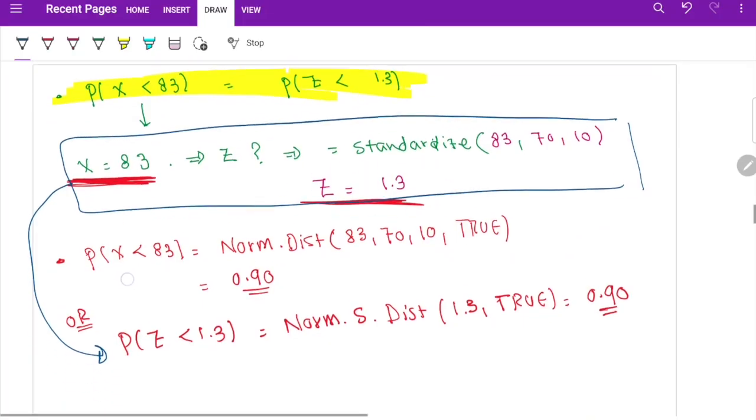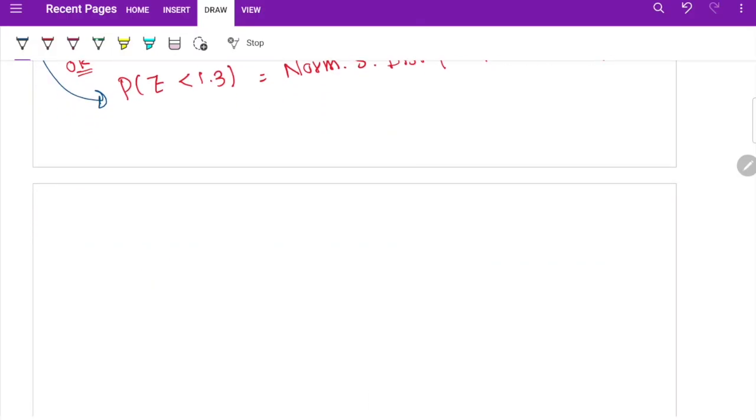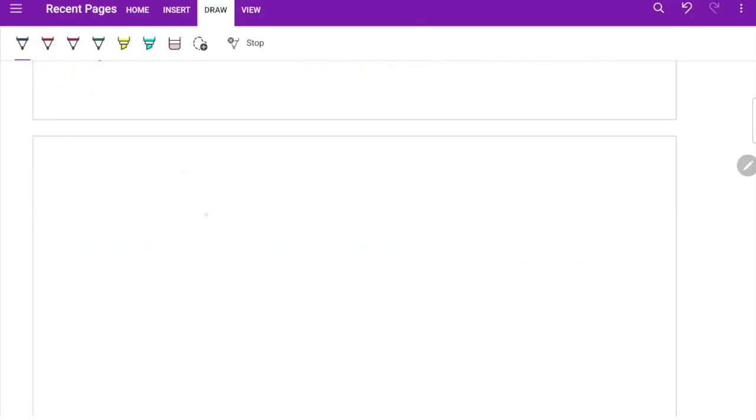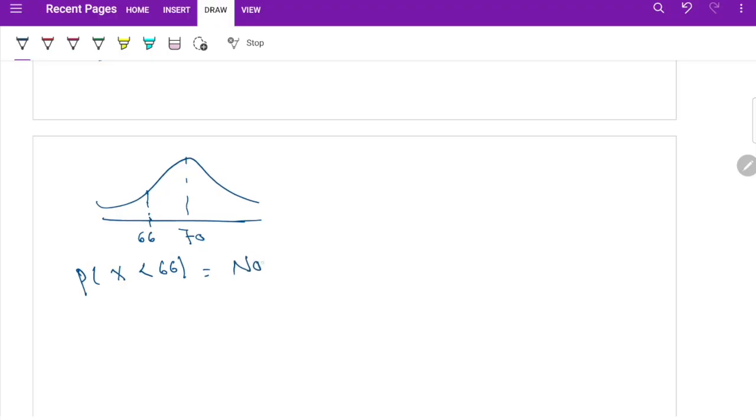This is an important idea, an important function that we are going to use. There's one important point that we'd like to stress. Every time you have to graph your function to see it. This is your 70 here. Suppose that someone has got 66, and you would like to know the probability that a person is scoring less than 66. So you can use norm.dist immediately.